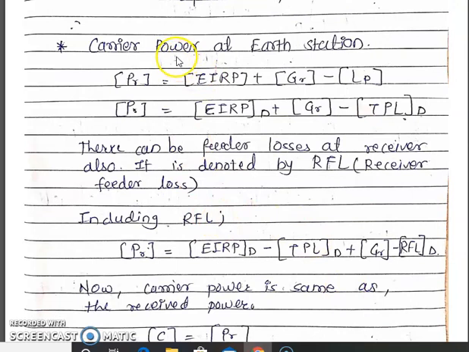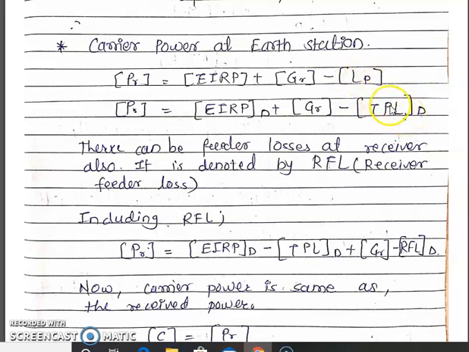Now, carrier power at the earth station. So, this is the receiver power at the earth station. What is that received power at the earth station? EIRP plus GR minus LP. That path loss is same as this total path loss, that is the TPL for the downlink.